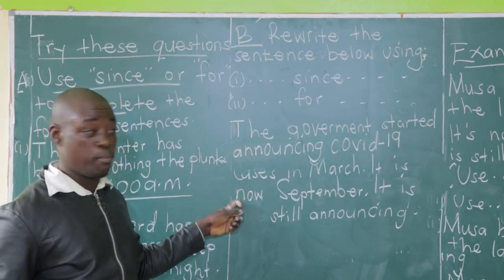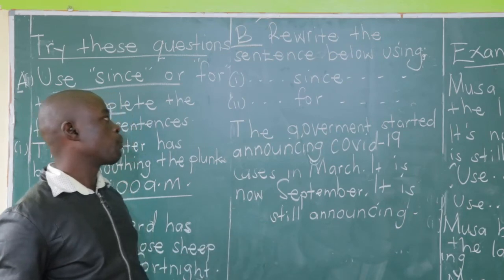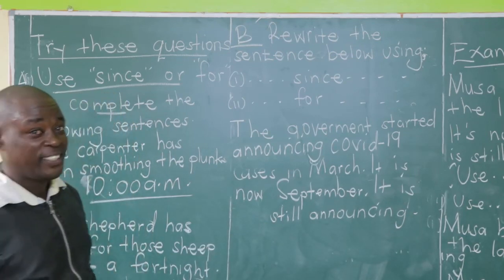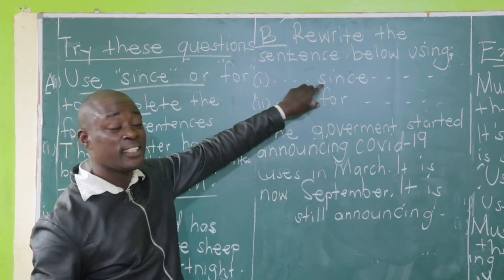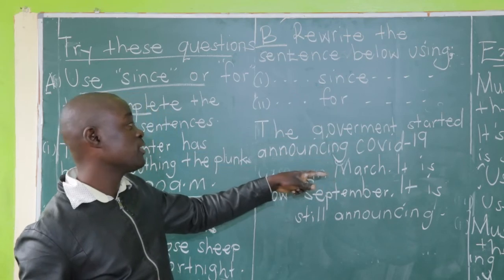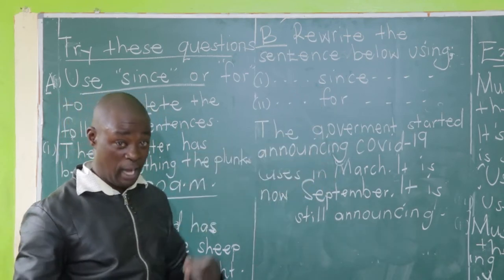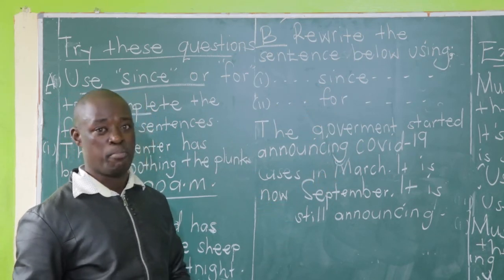It's now September. It is still announcing. So, with the help of your parent, you are going to use since or for. Don't forget since is for a point of time, so you have to find out a point of time in this question. And for is for duration, the amount of time between September and March.